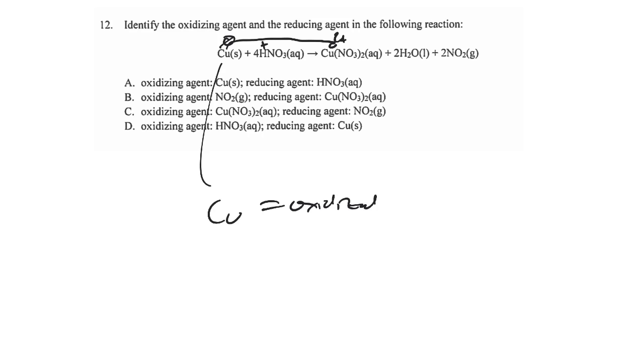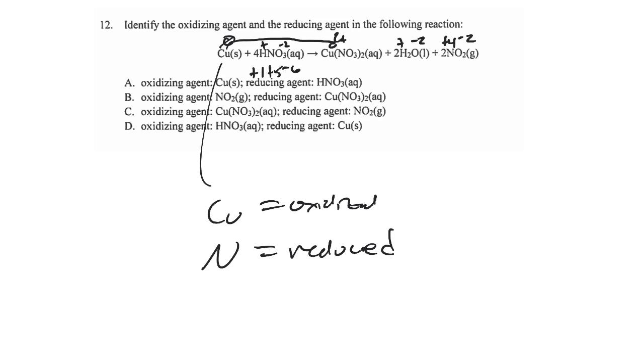Oh, sorry, H is unchanged. It's actually nitrogen that's undergoing the change. So nitrogen is originally a +5 and it's ending up in a +4. So nitrogen is the atom that's being reduced. So N is reduced in this particular reaction. H is unchanged, O is unchanged.